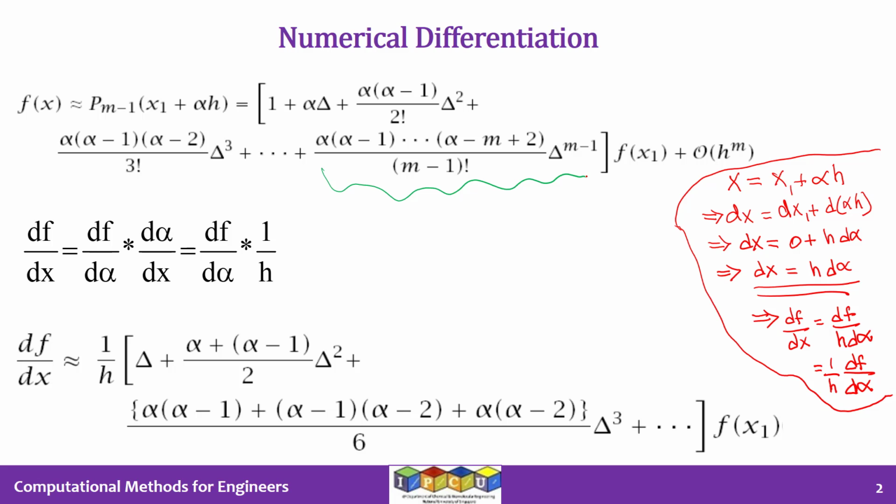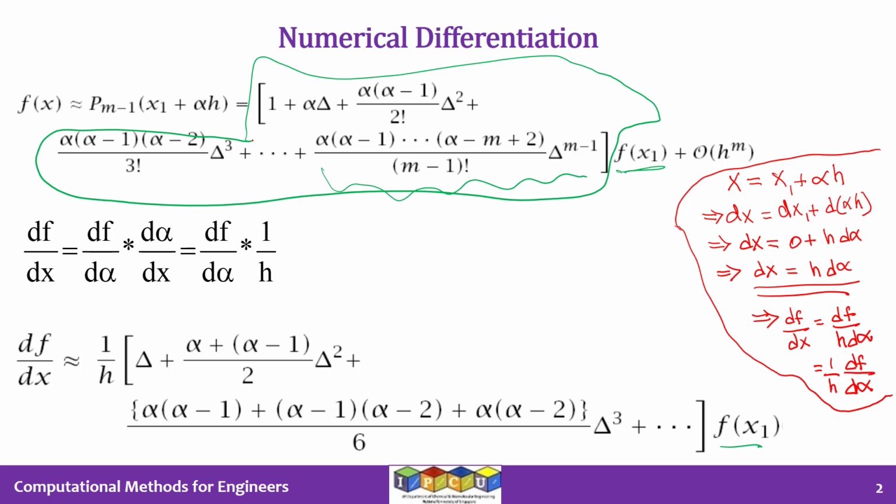It's going to stop somewhere, right? And f of x1, which is already there. All right, so please understand, I've taken this term and I've differentiated it with respect to alpha to get what you see in the square brackets here. And of course, this 1 by h is introduced because of the differentiation, so I have it there. And this f of x1, I just put it there.